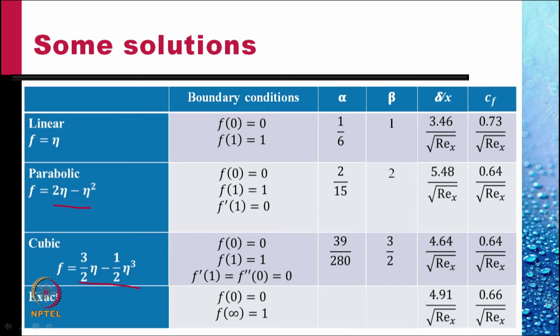For this, the value of alpha is obtained as 39 by 280, beta is 3 by 2, and these are the values of delta by x and CF. For the Blasius solution, we get the result delta by x as 4.91 and CF as 0.66 divided by under root REX.